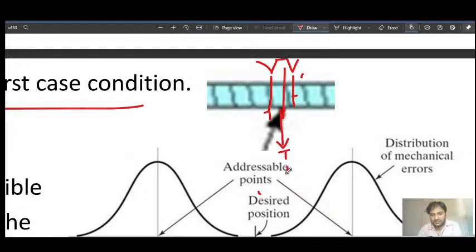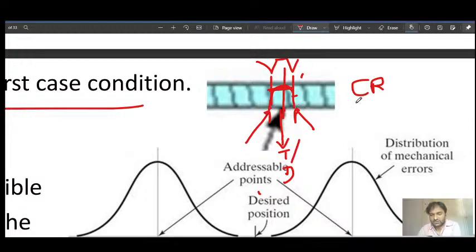This is the target or desired position. If the machine is stopping here, the total distance between these two points is the control resolution, CR. The machine can stop only at this point or this point.